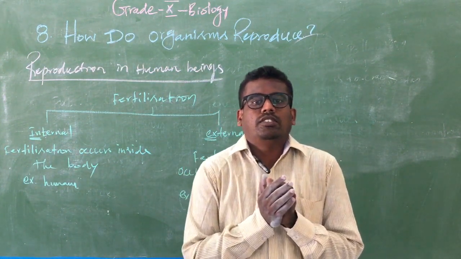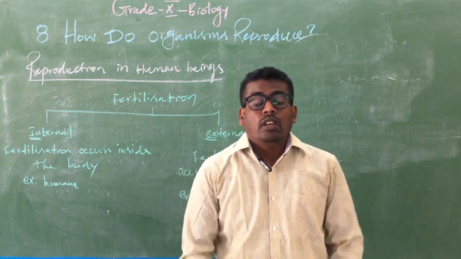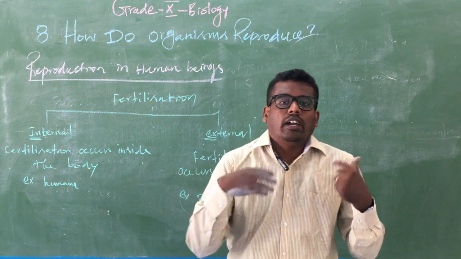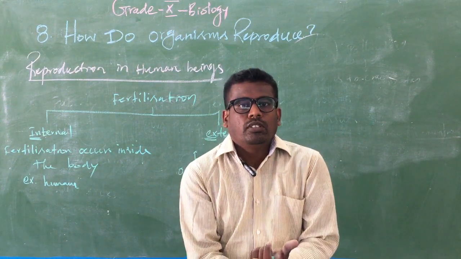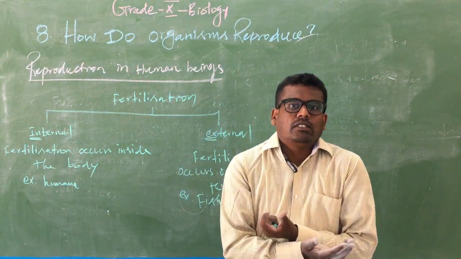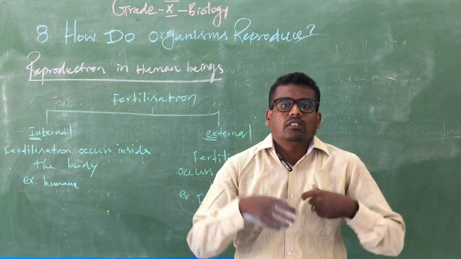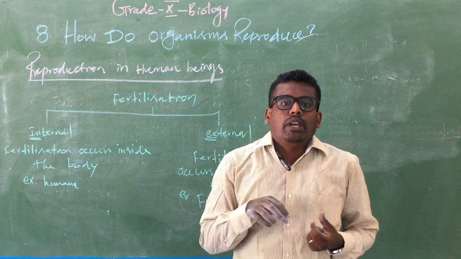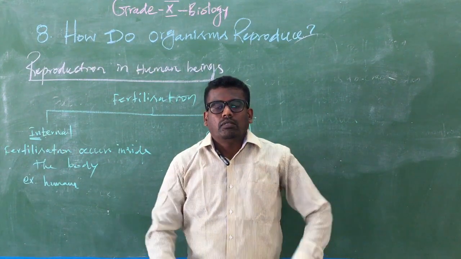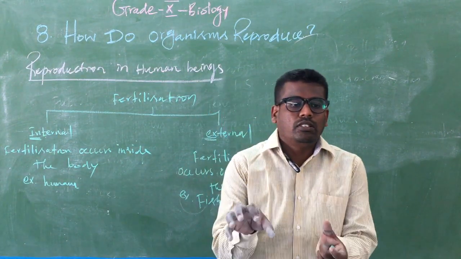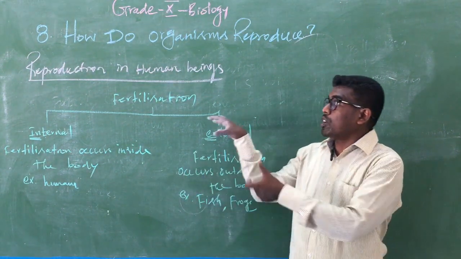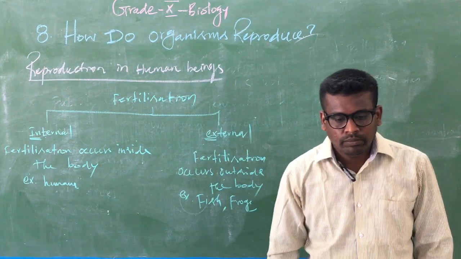Fertilization occurs and the zygote forms. The zygote undergoes various changes, the embryo forms, and after a lot of changes, after 9 months, the newborn baby is developed. Like this, fertilization and reproduction occur in human beings.